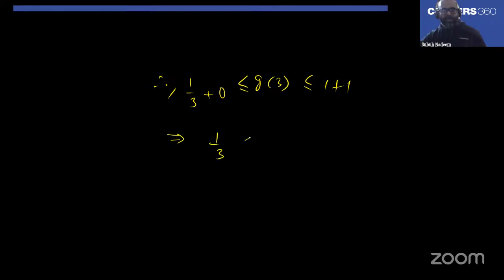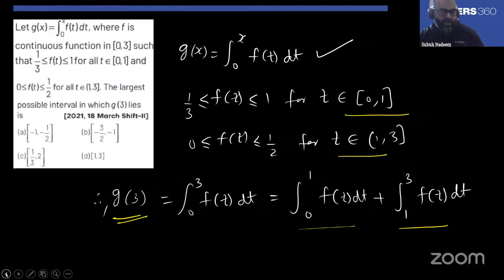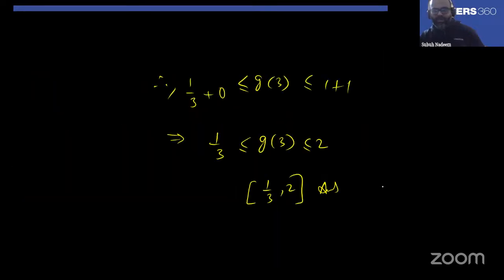So 1 by 3 is less than equal to G3 is less than equal to 2. So 1 by 3 comma 2 is the largest interval which we have. So let us see which option is this. So this is option C. So we can say that C is our answer. So let us cross check it. Yeah.